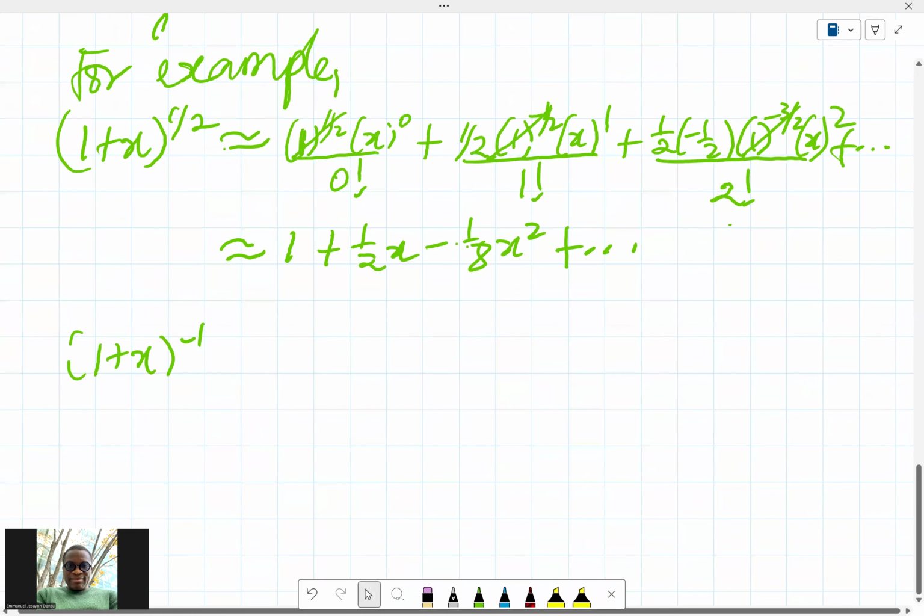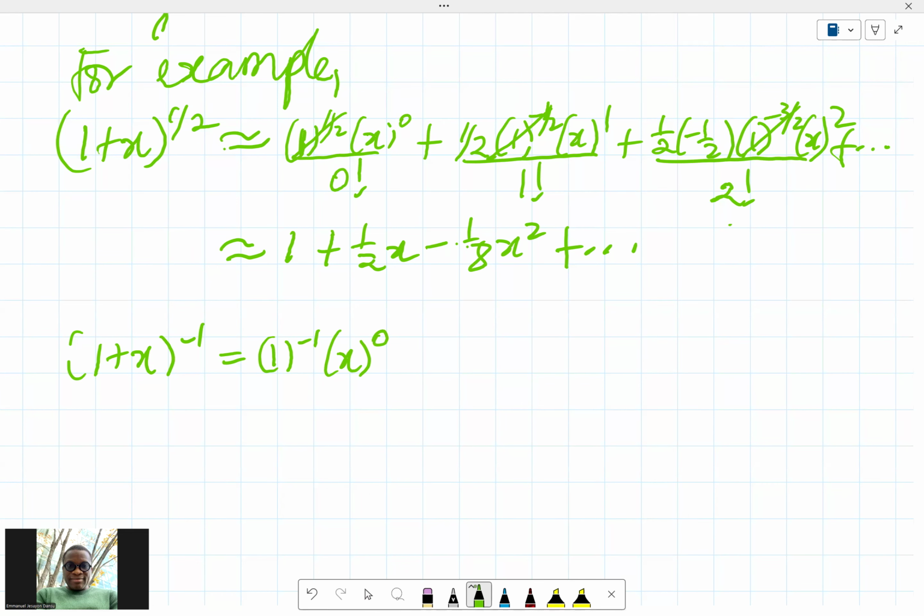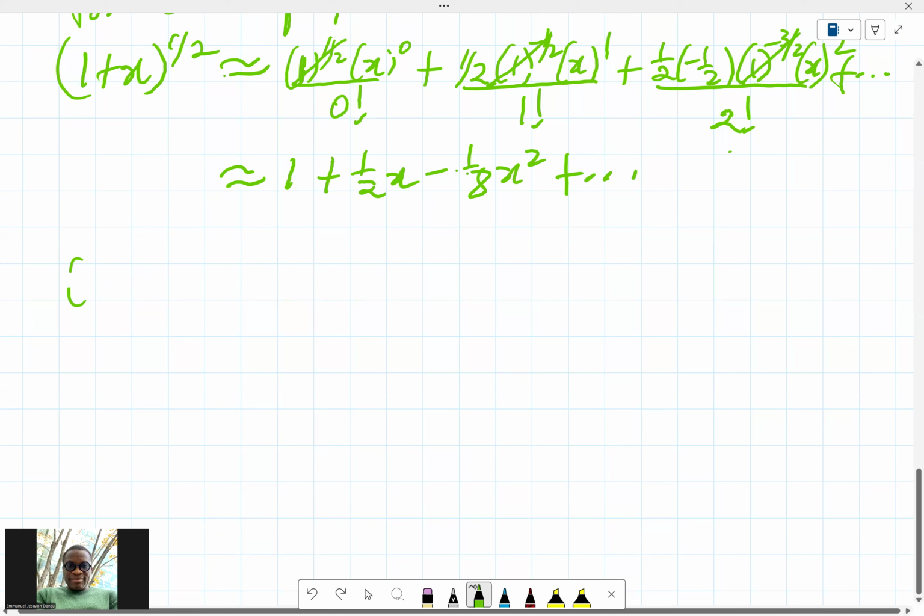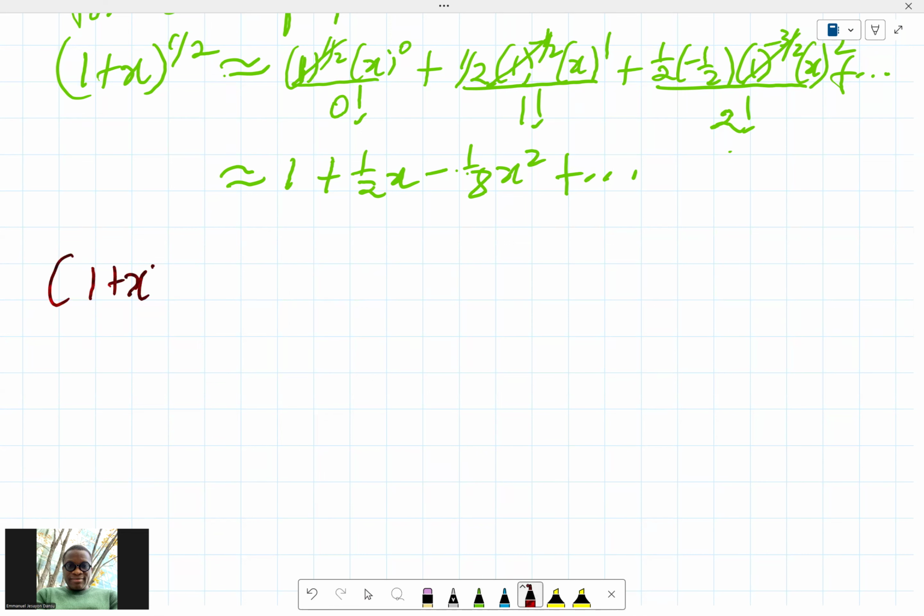So for 1 plus x raised to minus 1, you simply are going to have 1 raised to minus 1, x raised to 0. Let's say you need the first 3 terms. Let me color code now to at least distinguish that. So imagine you now have 1 plus x raised to minus 1.